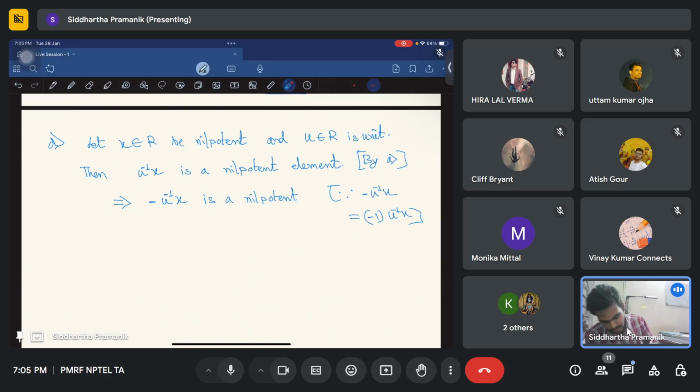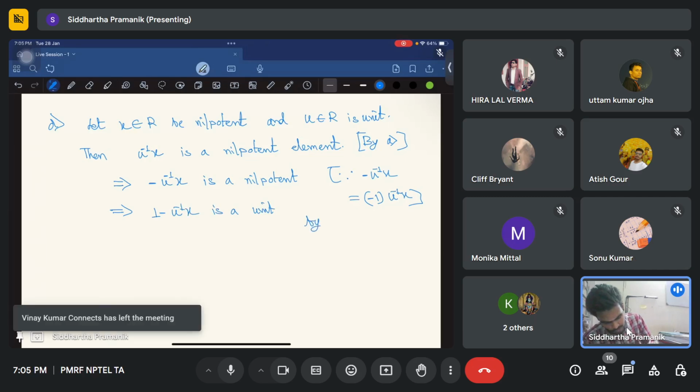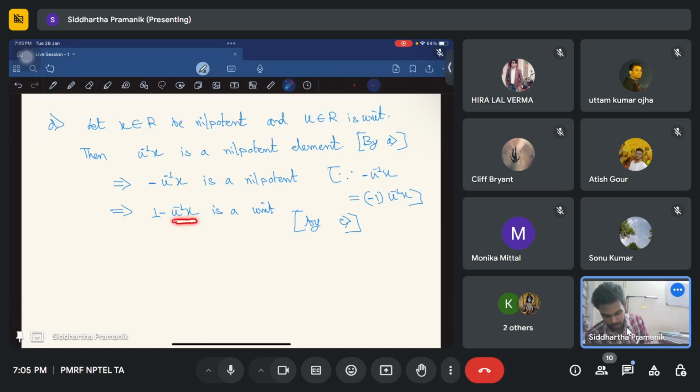So this element is nilpotent. So now this implies 1 minus u inverse x is a unit. This is by part C, because this is a nilpotent element and we are adding 1. So 1 minus u inverse x is a unit.